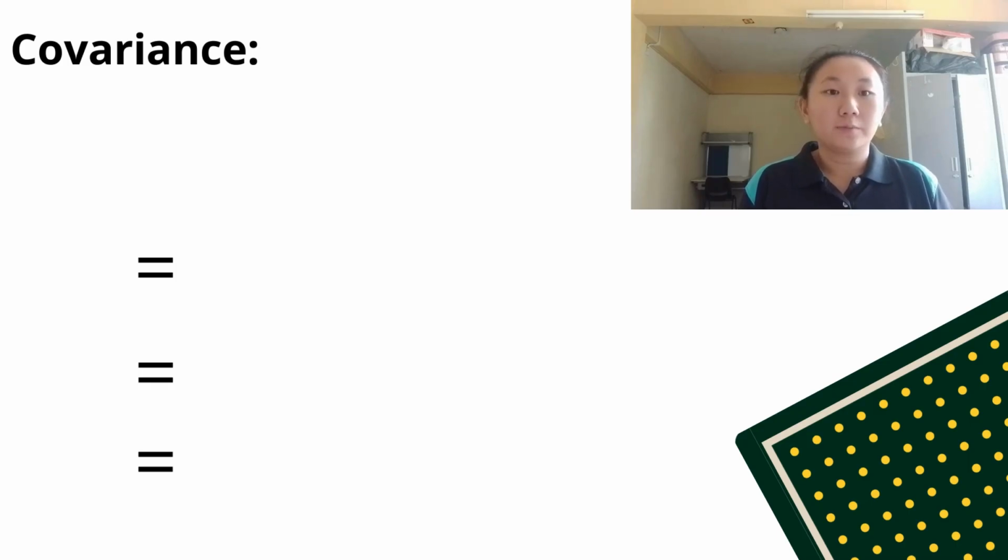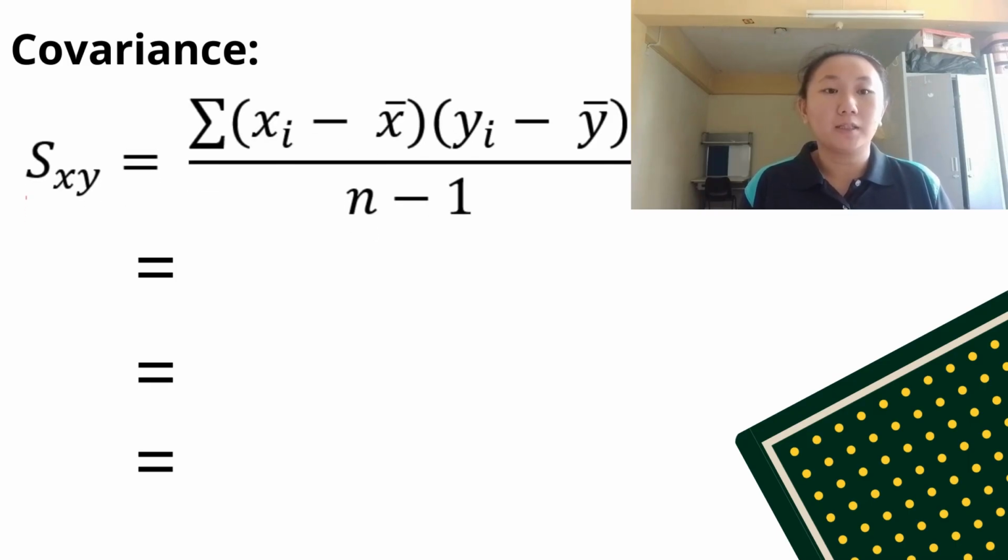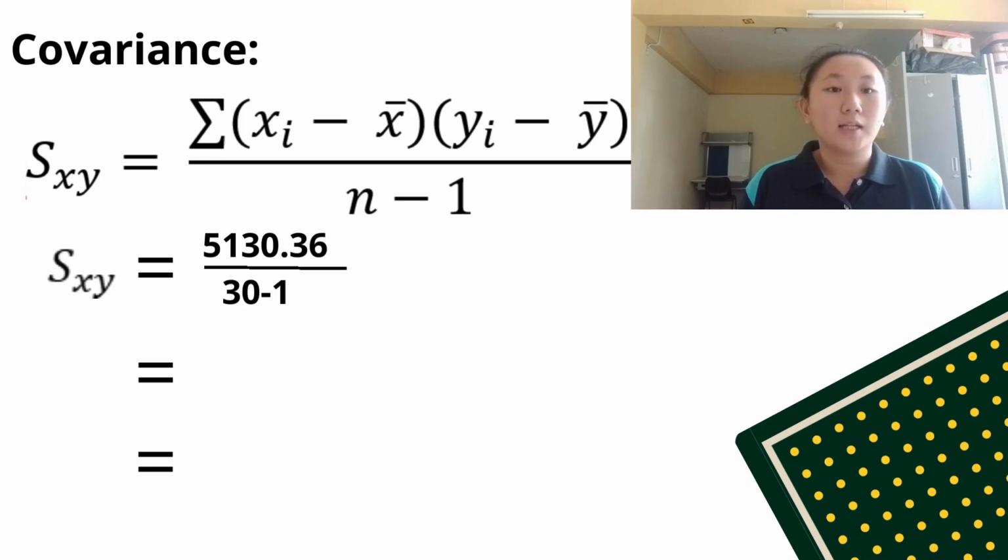For covariance, the formula is the summation of xi minus x bar times yi minus y bar, divided by the sample size minus 1. According to the table, the total of xi minus x bar times yi minus y bar is equal to 5,130.36 million, and the number of samples is 30, so the sample size minus 1 is 29.